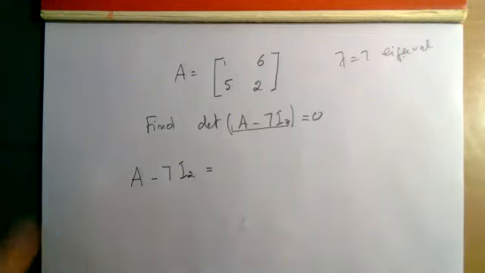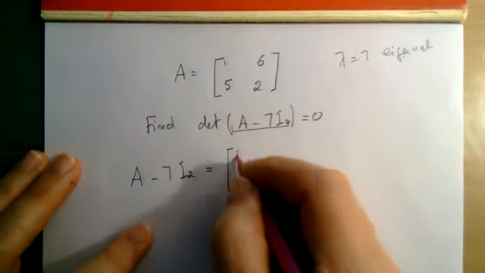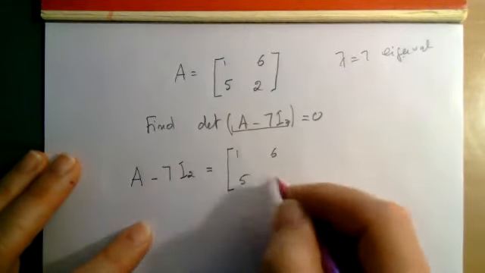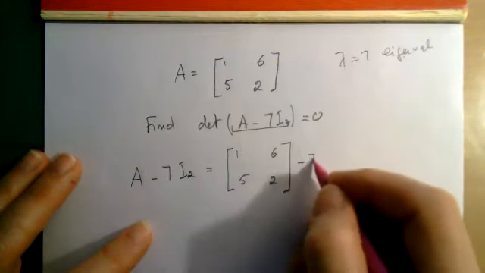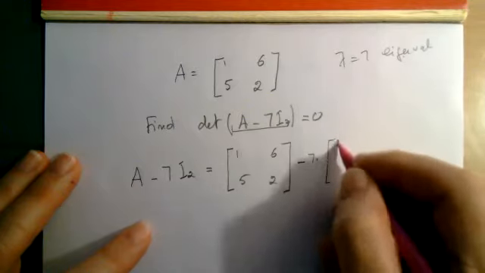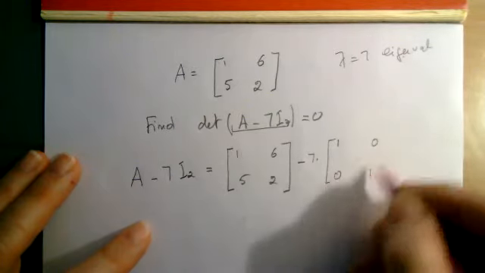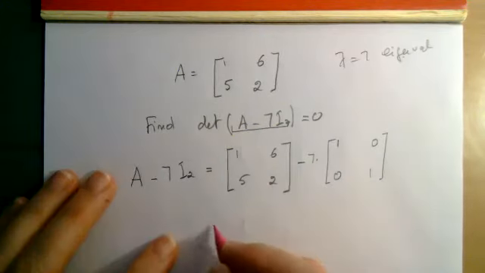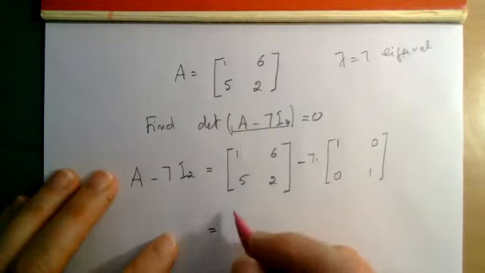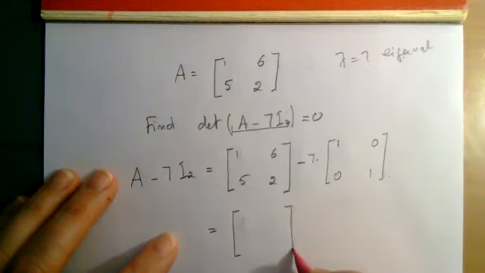A minus 7 times the identity is equal to the matrix A, verbatim. I'm going to take away from it 7 times the identity matrix. Now, of course, all of you can do that.